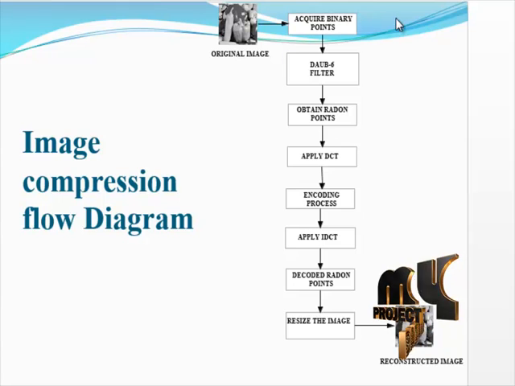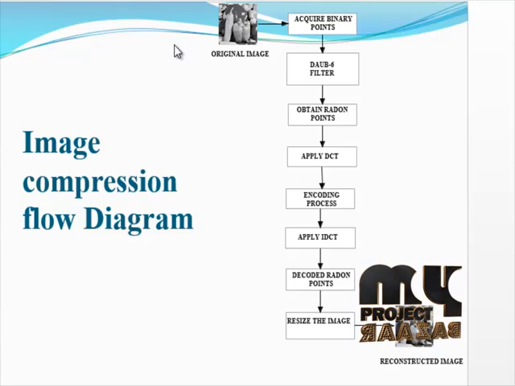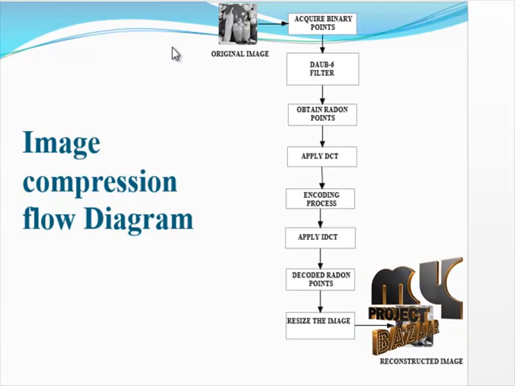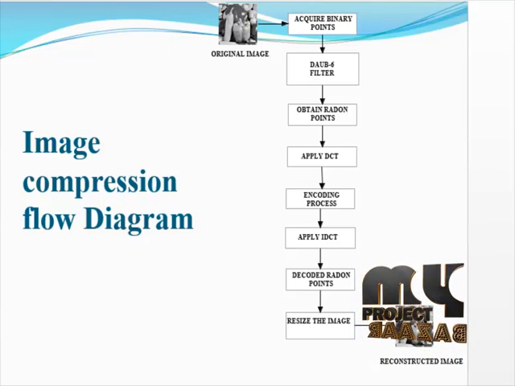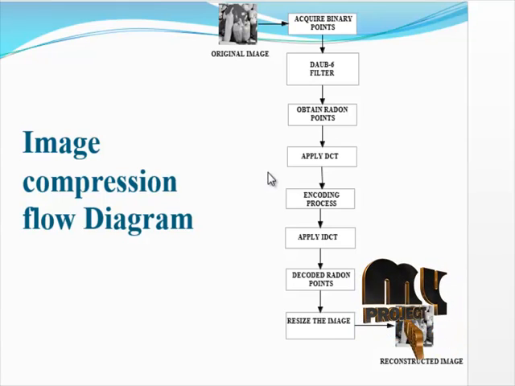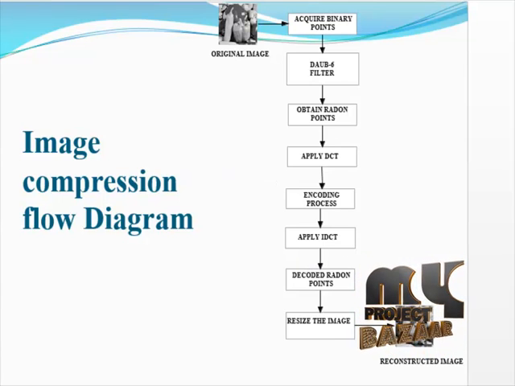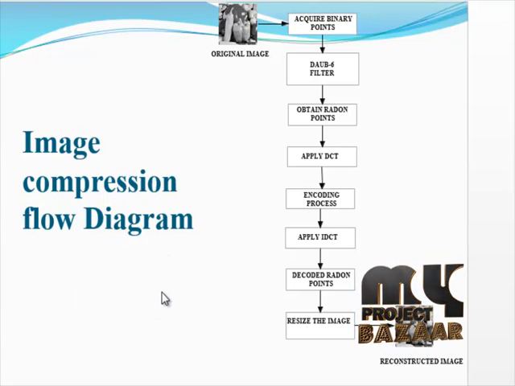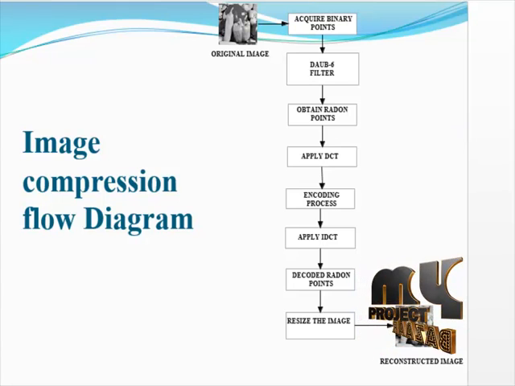For every picture we give, we get four images for filtering, then input processing, noise, DCT, the inverse of DCT, the decode of the points, and resize of the images. Finally we get the compressed image, and we can check the output image.